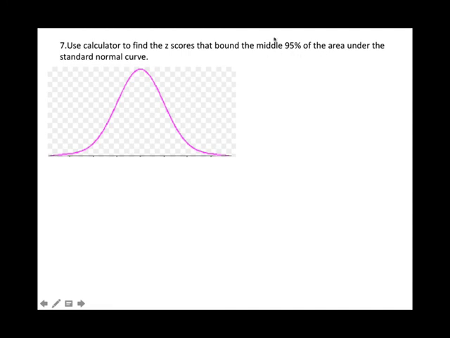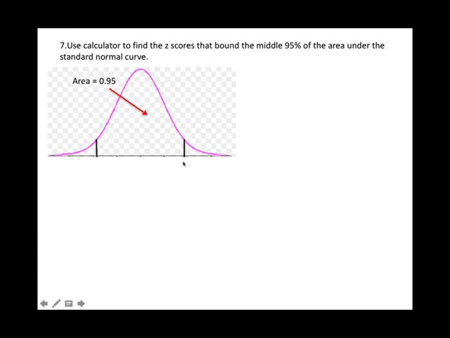The picture is going to look like this. 95% means it's going to be 0.95, the area in the middle. So you need to figure out the z-score at this point and here.